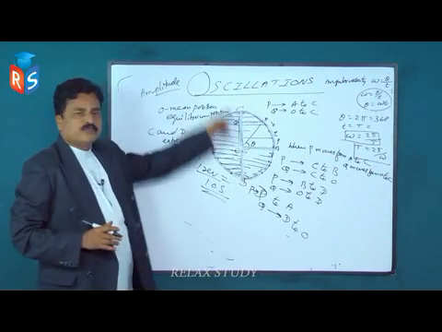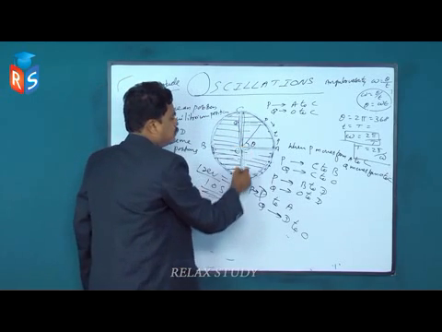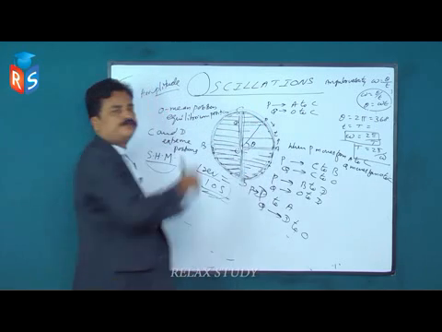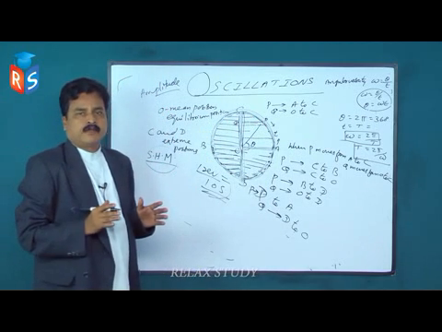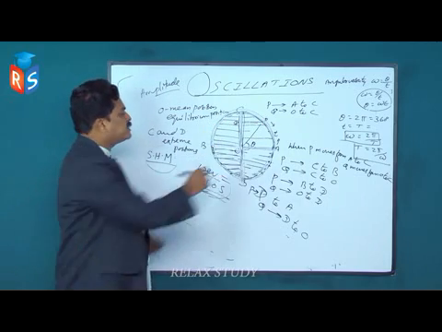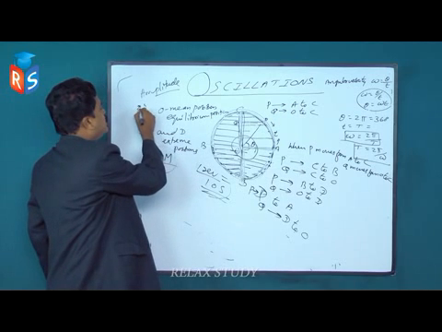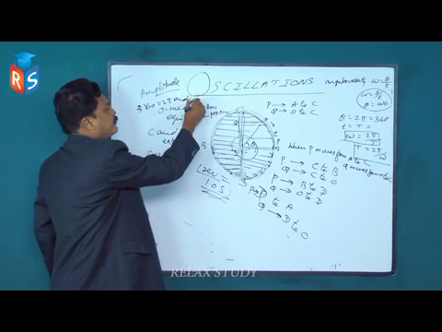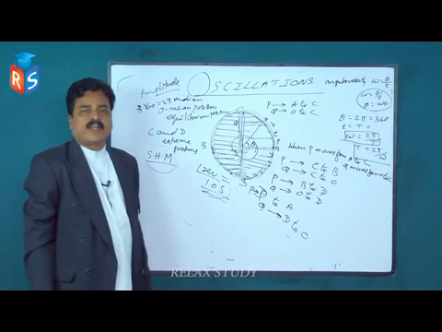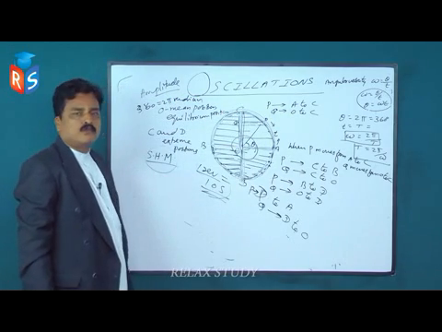During one oscillation, you see there is one revolution. So the angle covered is 360 degree. That is 360 degree, which is 2 pi radian. The angle covered during one oscillation is 2 pi radian.